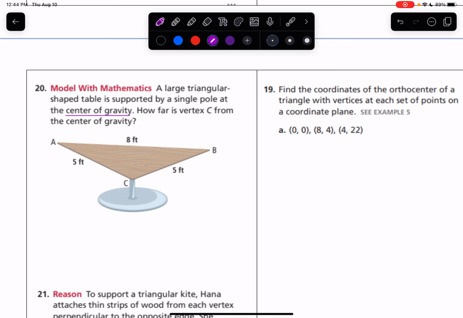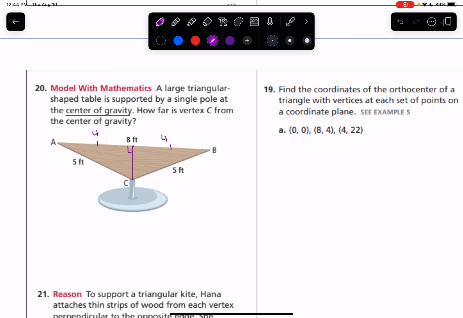So let's draw some pieces in here from point C to the midpoint. So there's going to be like that. And this would be a 4 feet piece, and this would be a 4 feet piece. Notice how this triangular table is an isosceles triangle. And since it's an isosceles triangle and I have a bisector here, that bisector happens to be the perpendicular bisector.